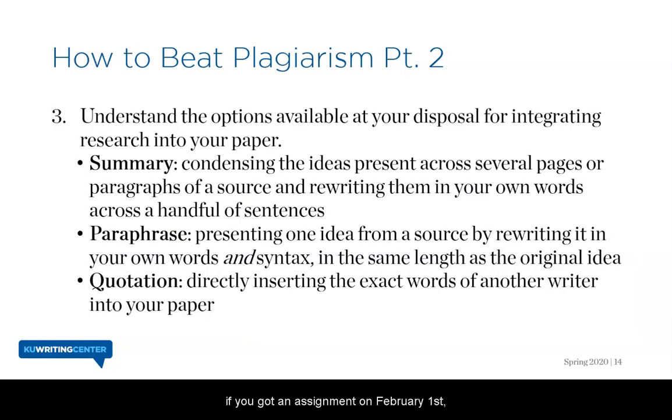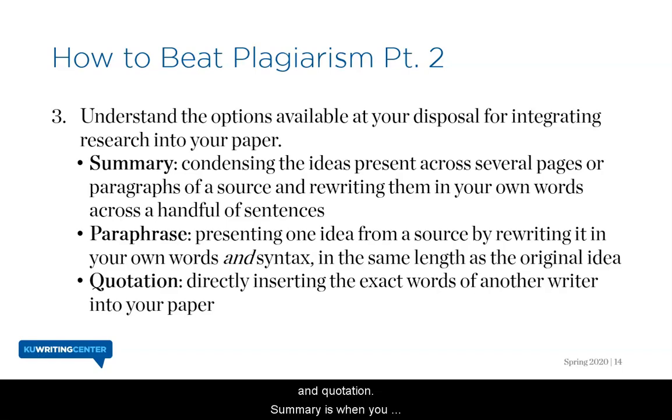Another big part of beating plagiarism is understanding the tools you have at your disposal to properly integrate someone else's work. There are 3 major ways to incorporate: summary, paraphrase, and quotation. Summary is when you condense the ideas of an entire article or chapter into a paragraph or 2, only hitting the main argument.